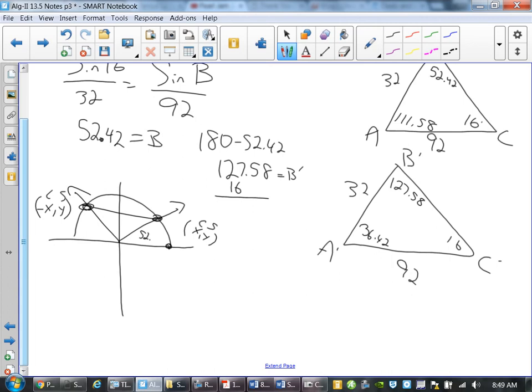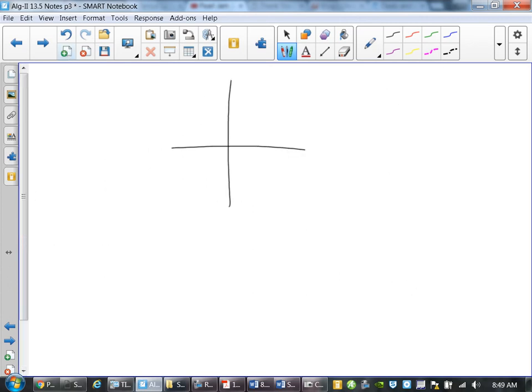So what you're doing is finding the second angle and checking its supplement. If the supplement has enough degrees left with the original angle given, then you can have two triangles. Yes, sir? That's why it's possible for two different angles to have the same sine value. Yep. One second, Caleb. If this is at 3, this could be at 4, so this ordered pair would be at 4 and 3.